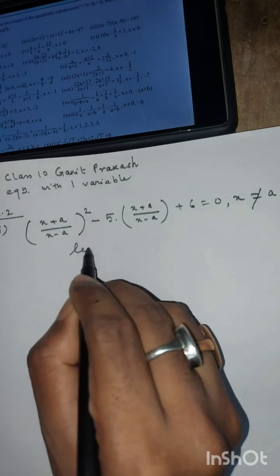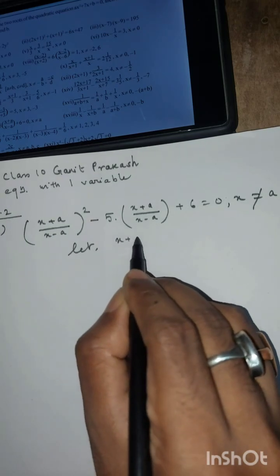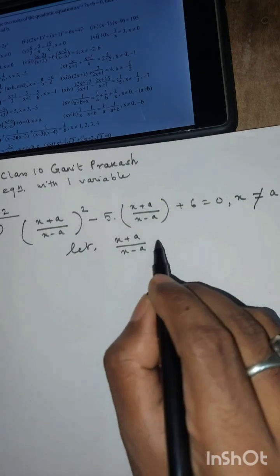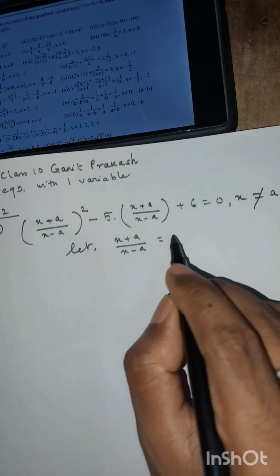Let (x plus a) by (x minus a) equal to p.